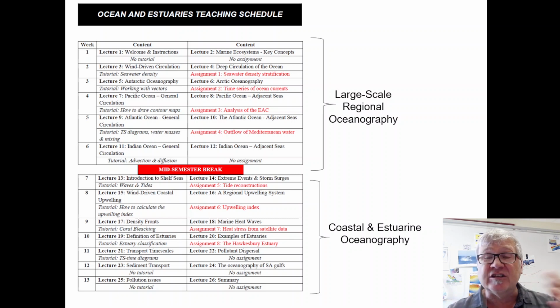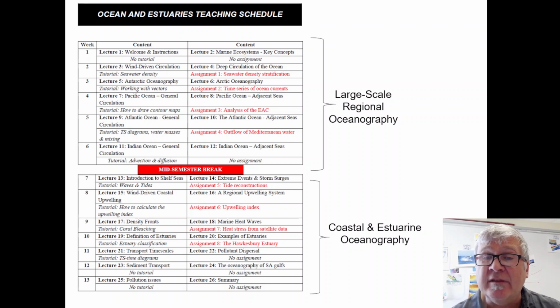One talks about the larger scales of the oceans, something we call regional oceanography, and we talk about the Pacific Ocean, the Atlantic Ocean, and the Indian Ocean, and we go through all the various aspects of it. We're talking about the surface circulation, the deep circulation, and the focus will also be on regions where you have a high biological productivity, so-called upwelling systems. And that's the first part.